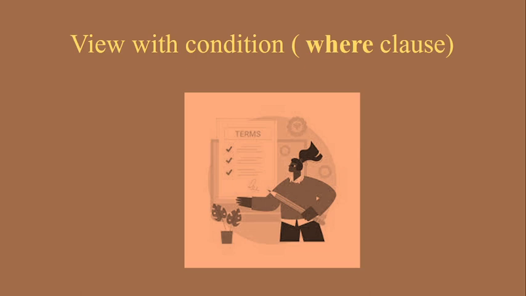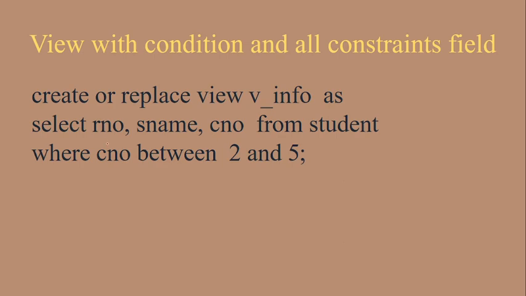Okay. Now, what if we create a view with all constraint fields and a where clause is used? A view on a condition. What is the effect? Here again we have all the constraint fields, but now we have mentioned the condition CNO between 2 and 5, so it will consider 2, 3, 4 and 5.